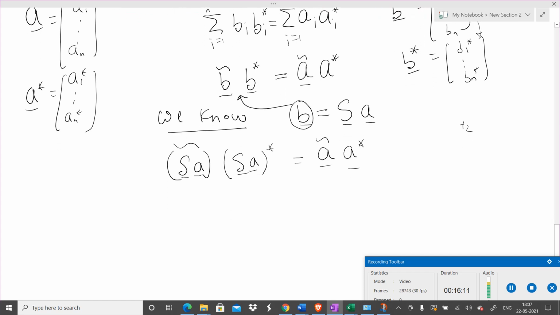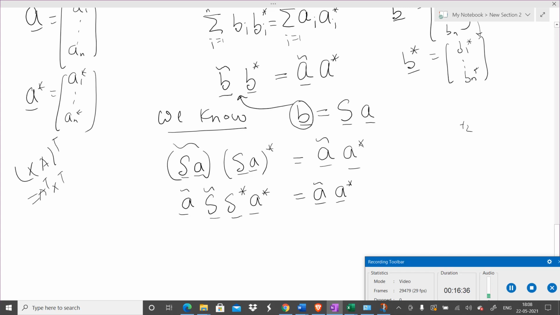You know that (XA) transpose is A transpose X transpose, so it will be A transpose S transpose S conjugate A conjugate, which will be equal to A transpose A conjugate.